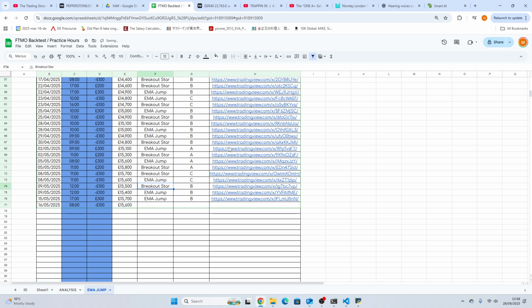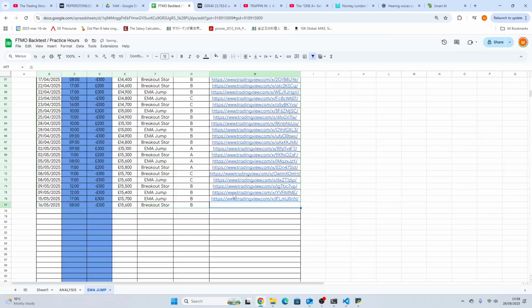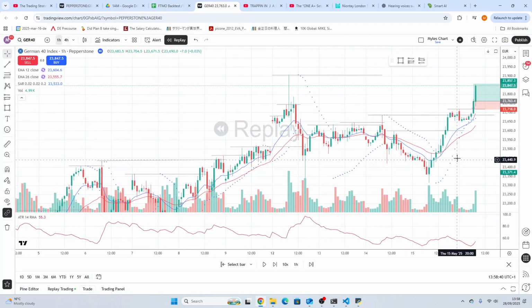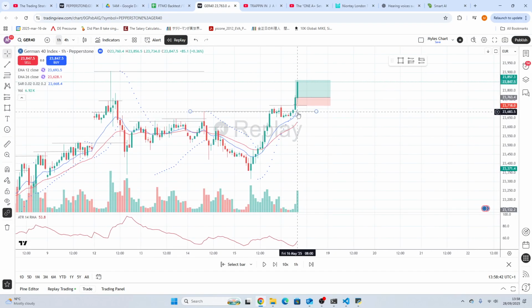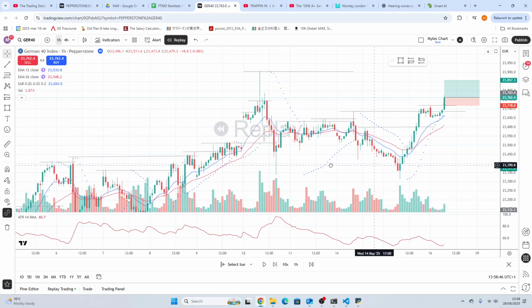Still a good setup, because you got it sloping up. You got everything. So this is the entry. It doesn't slope up as high.